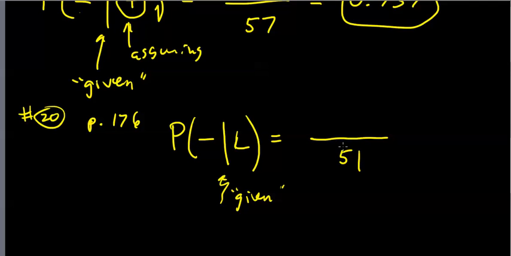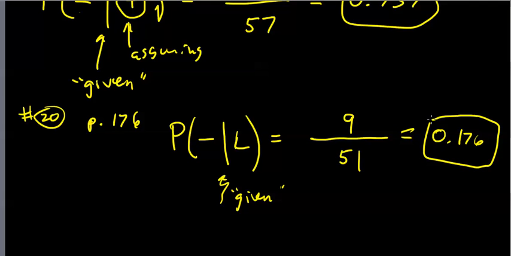All right, now within that group, assuming that it's already occurred, how many of those liars received a negative test result? In other words, the machine did not catch them lying. Well, there's 9, right? There's 9 negative test results within the 51 liars group. And if I grind that out, I get 0.176. Okay, and that agrees with the book's answer.